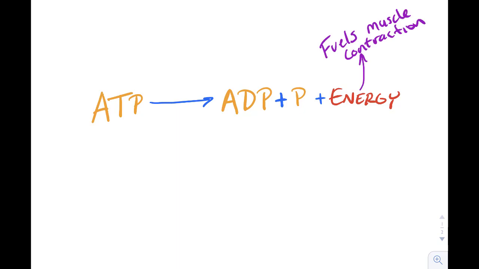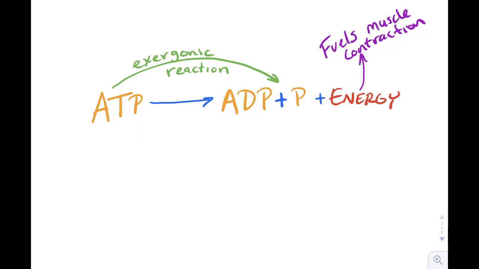It's this energy that is then used to fuel muscle contraction, the energy released by breaking one of those phosphate bonds in the ATP molecule. This reaction, the breakdown of ATP, occurs fairly readily and fairly quickly, and is considered to be an exergonic reaction because it releases energy and does not require energy to be input for the reaction to occur.